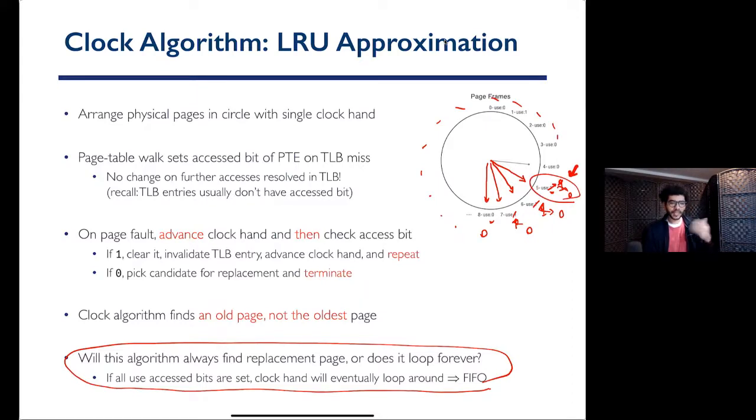Now, let's say next time I come again, everybody is 1. So I'm going to do again 0, 0, 0, 0, and then evict the next one. And then next time evict this one, and then this one, and this one. So basically, if every time I come, everybody has been accessed, then this clock algorithm is kind of like implementing FIFO. We wanted it to implement LRU, but as you can see, it's just an approximation.